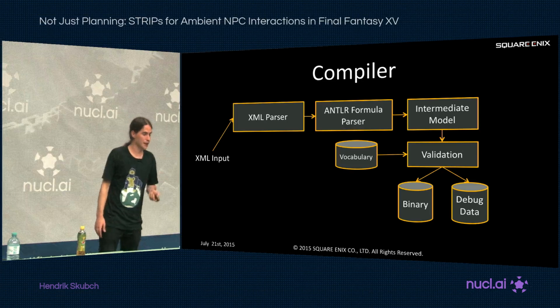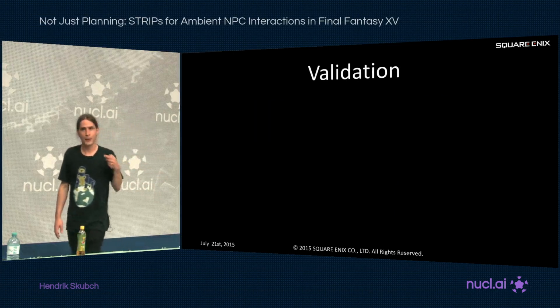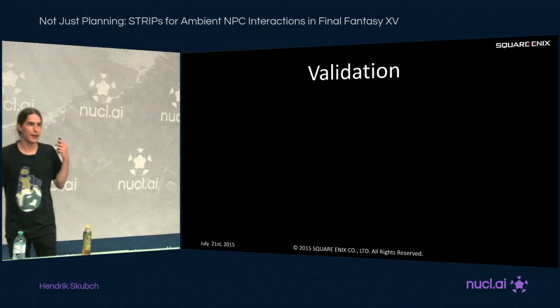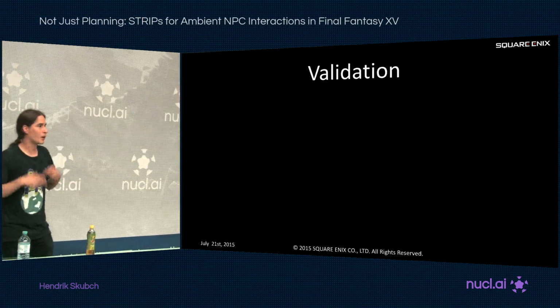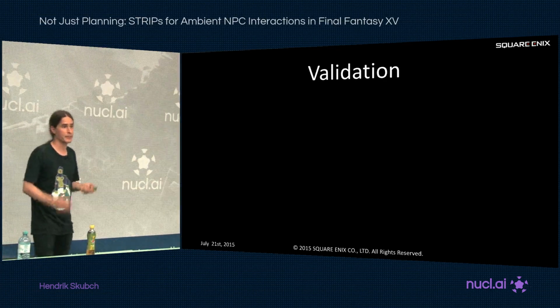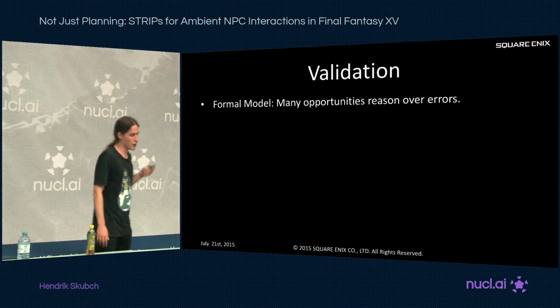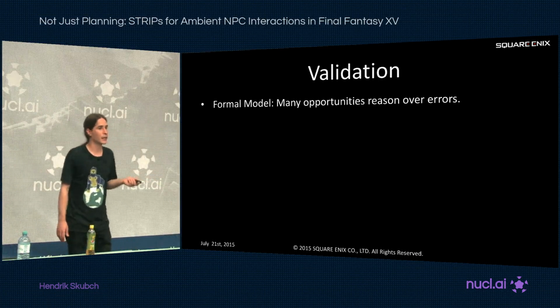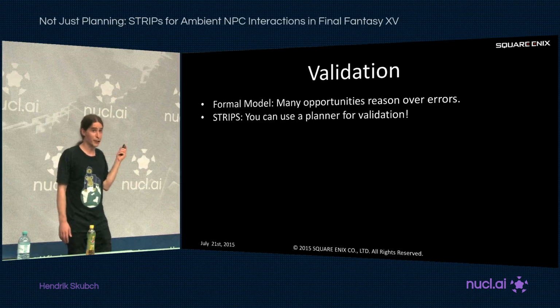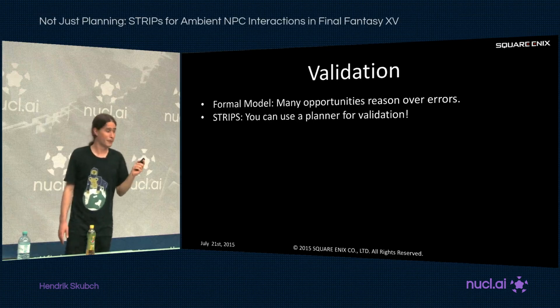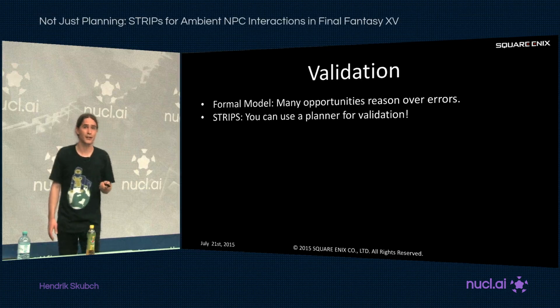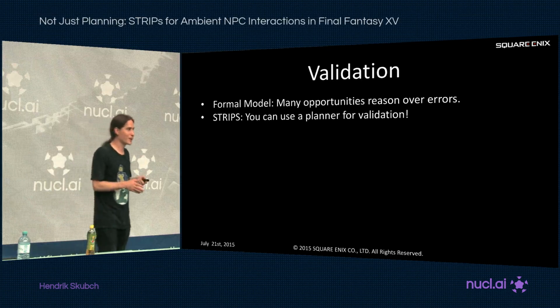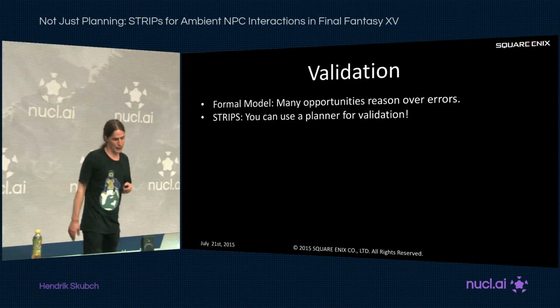And the keyword here is validation, which is very, very important if you want to keep iteration times short. The earlier we can detect an error, the better. And we have a formal model, so we have many opportunities to reason over any kind of errors. It strips. We could plan it as a validation step. We're not currently doing that, but it's sort of on the to-do list.